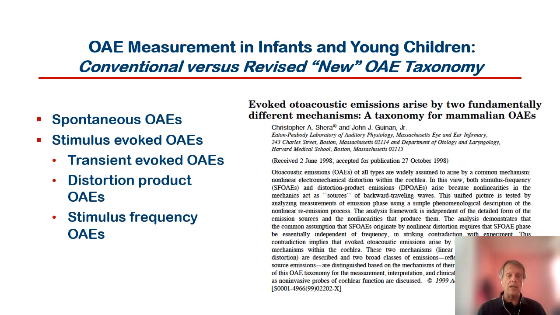It really wasn't accurate. And these researchers that you see here, Shera and Guinan, in the late 1990s started focusing closely on the mechanisms, the ways these OAEs were generated, and they found that actually this category is totally wrong. There's another way of looking at OAEs that's more evidence-based.